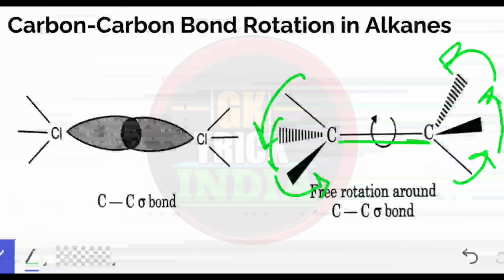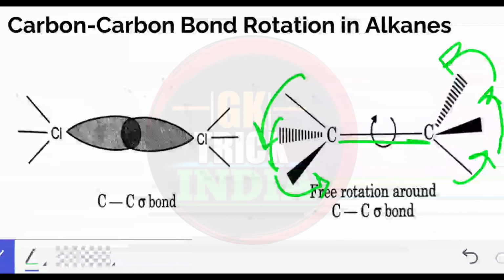But what is the effect of rotation? We might come across this topic later in stereochemistry, where these carbon atoms often tend to change their properties based on their rotation and the bond repulsions, right? So we might come across it later.